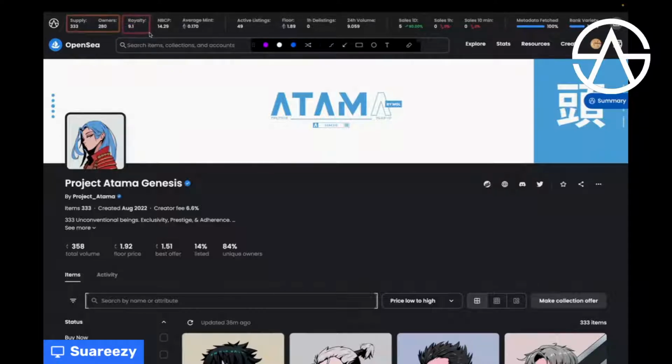Seeing the royalties is also something to utilize. Then another interesting metric here is NBCP, next blue chip probability. This is a very key metric that not many people utilize, and I think it's not only a technical measure, but a fundamental measure as well.